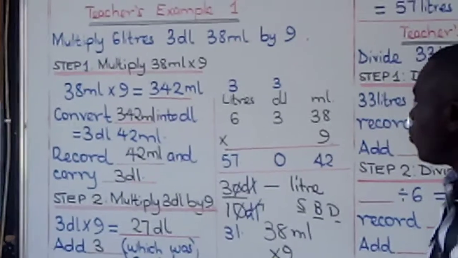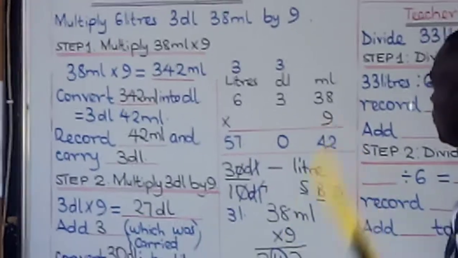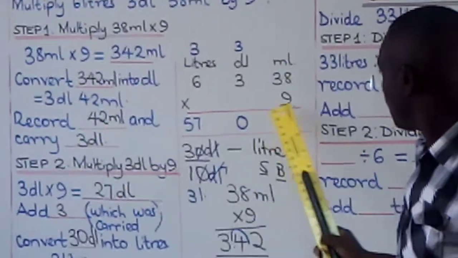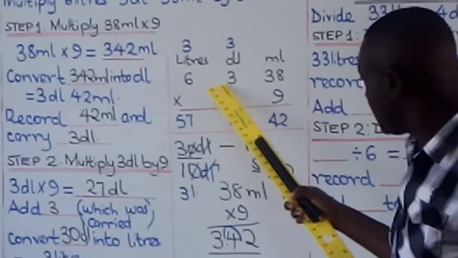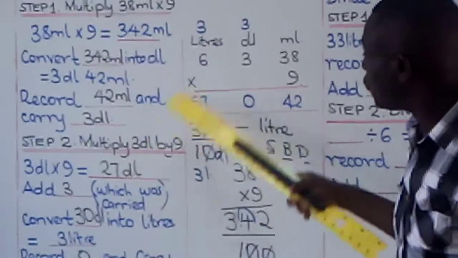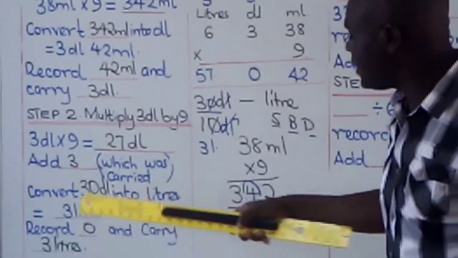All right? And so we record 42 milliliters and carry 3 deciliters to this other side. Then we multiply 9 by these 3 deciliters, we get 27. Then we add the 3 that we had carried, then we get 30 deciliters.